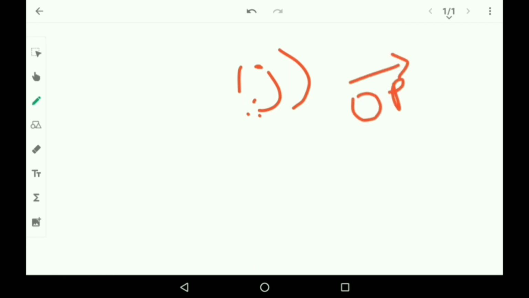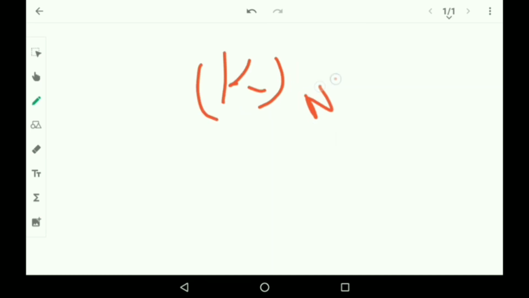The next one, J, they have said O is not the initial point of OP. O is the initial point. So the statement is false. Always we write the initial point first. So O is the initial point.